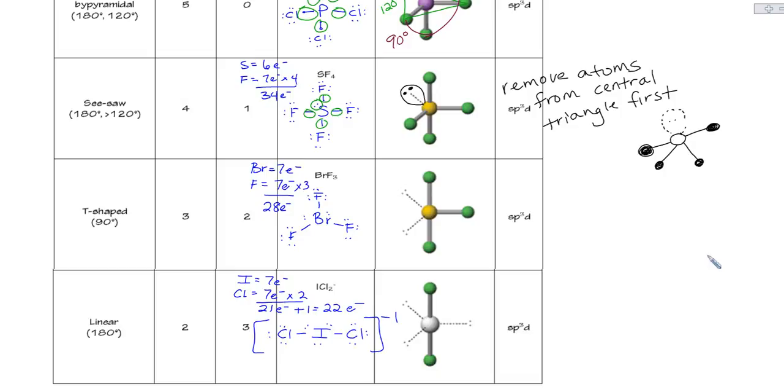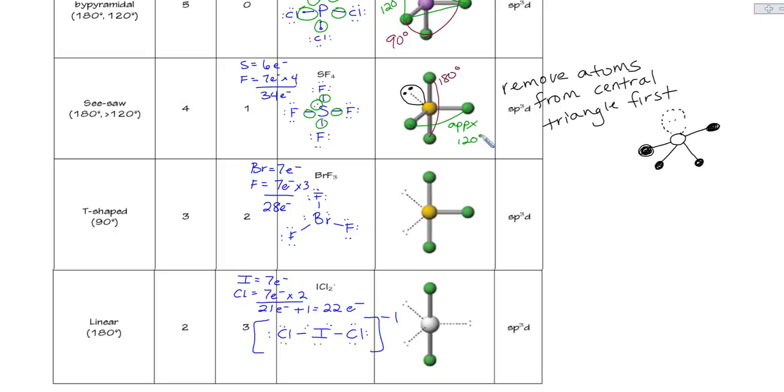So you've got like the 2 that are 180 around the center, up and down. And then if you remove one of the atoms from the central triangle, the other 2 are approximately 120. So if we mark in these, this guy to this guy, that's 180. And then around the central triangle, this guy to this guy, approximately 120.